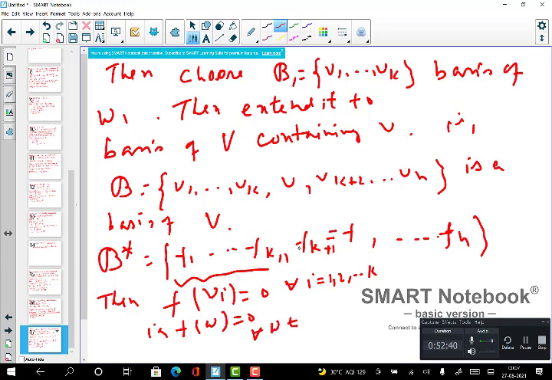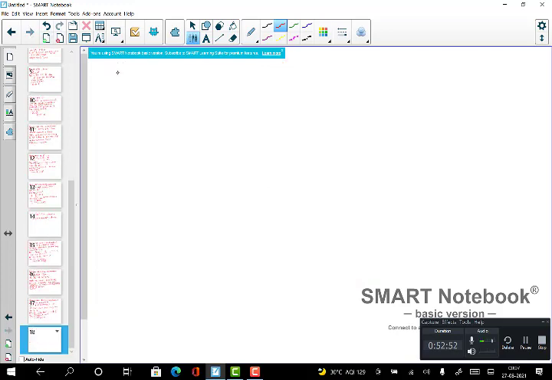Because v1, v2, ..., vk are elements of W1. But what about f of v? f of v is not equal to 0. f of v equals 1 by definition, right? So f of v equals 1, which is not equal to 0.